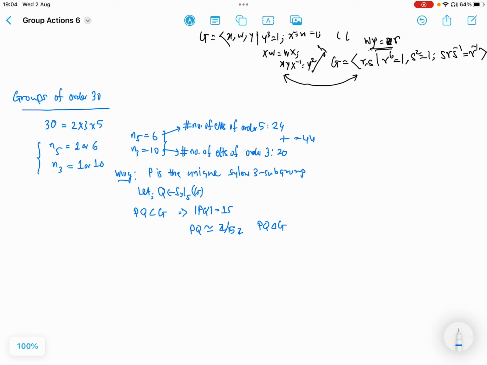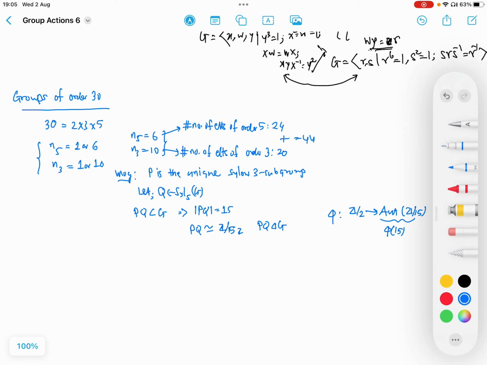I think there are exactly 4 groups of order 30 up to isomorphism. It will not be very difficult to show from here, because since PQ has order 15, you need to take homomorphisms from Z modulo 2 to the automorphism group of PQ, which is Z modulo 15, and this group has order phi of 15, where phi means the Euler phi function.